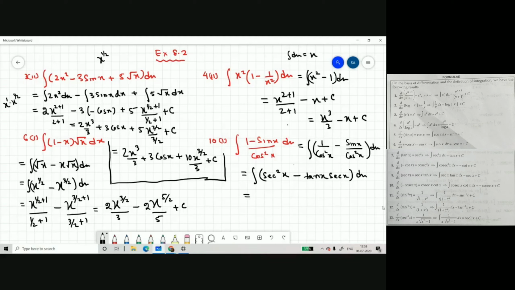Now integration of sec square x is nothing but tan x, minus integration of sec x tan x is sec x plus c. So that's your answer.